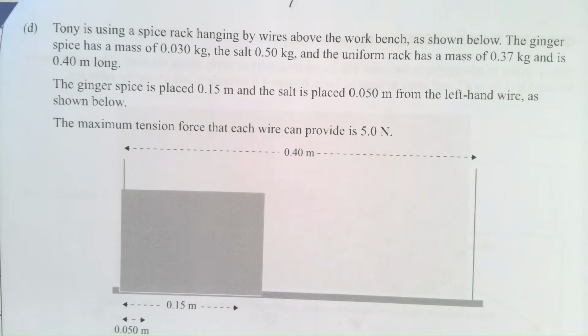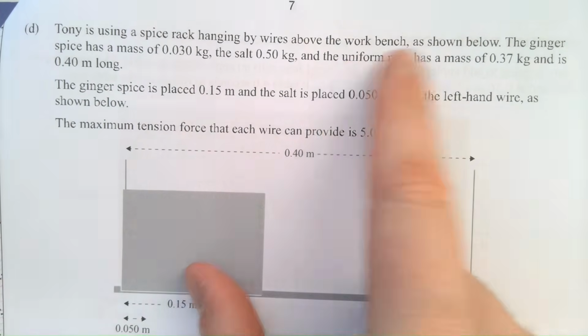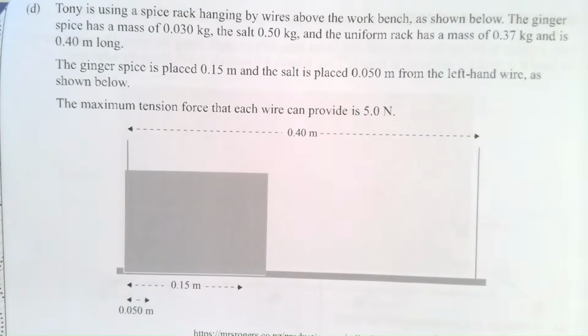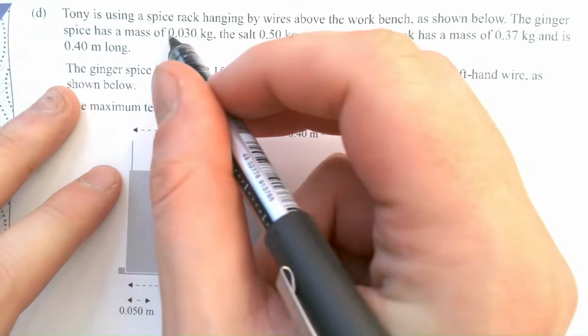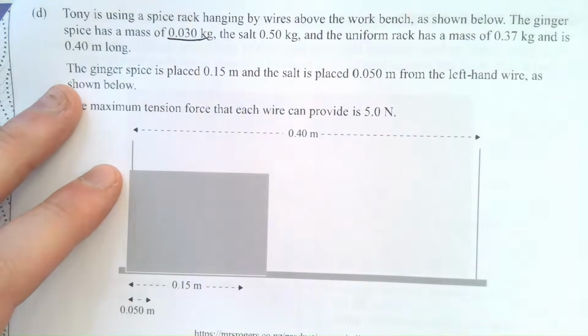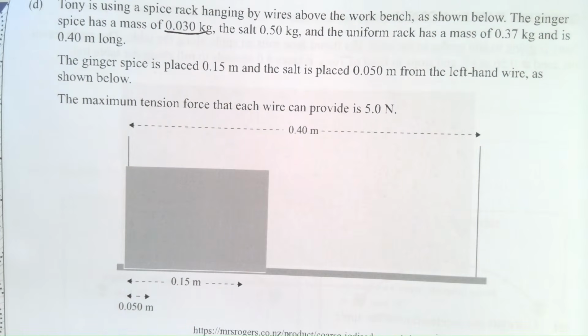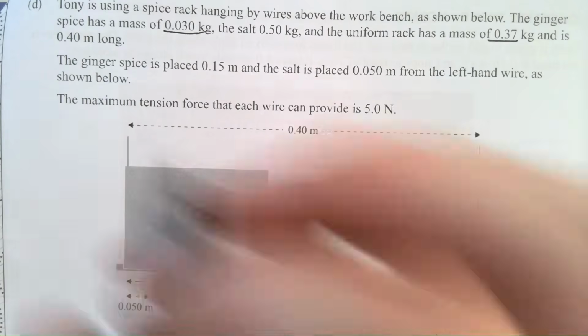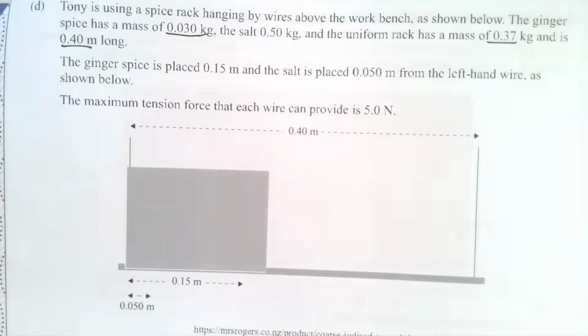Now, part D now uses Tony. He's hanging up a spice rack, hanging it by wires above the workbench as shown below. We have a diagram here. The ginger spice has a mass of 0.03 kilograms, the salt 0.5 kilograms, and the uniform rack has a mass of 0.37 kilograms and is 0.4 meters long.